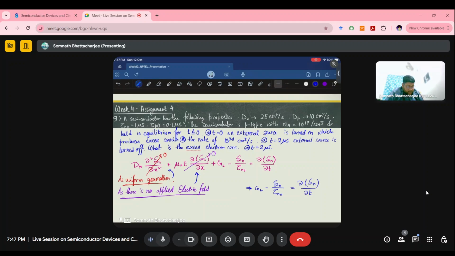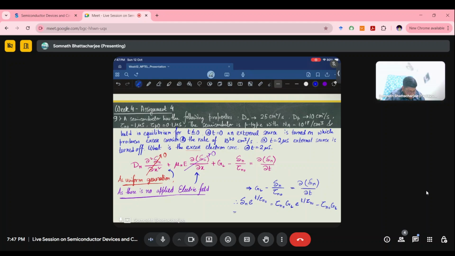So this is the basic general equation, and by solving it, what we'll get is del n e to the power of t by tau n0 equals tau n0 GL e to the power of t by tau n0 minus tau n0 GL.